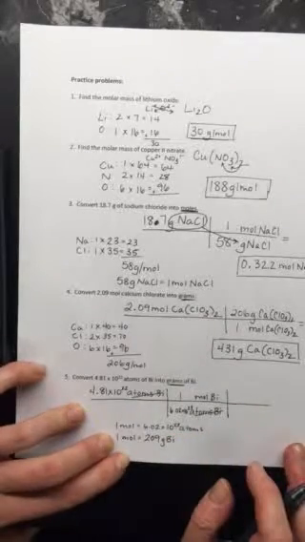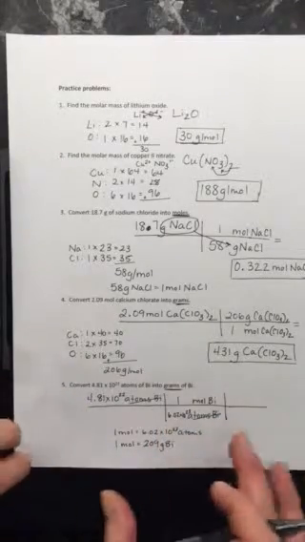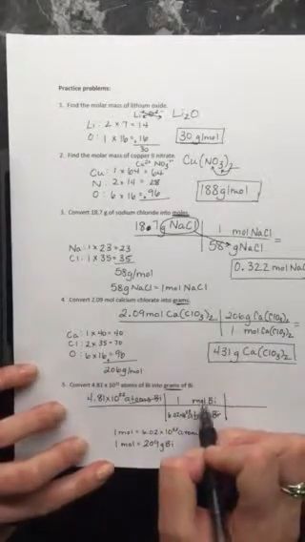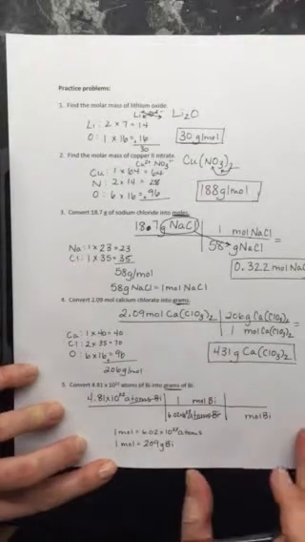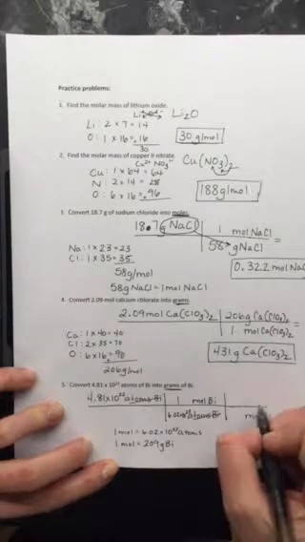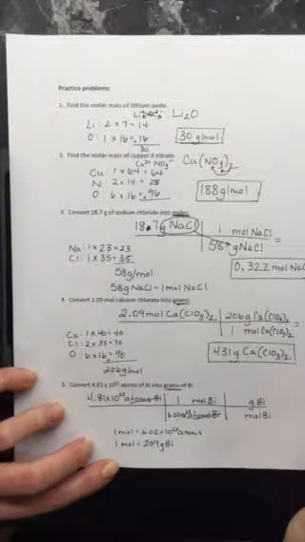Now we've got to get to grams, and you guys have done this before. You've gone from moles to grams. Now we're just adding a step at the beginning. So we're going to move moles of bismuth down the units. Okay, and the problem asks for grams of bismuth. So that's going to go in the top right hand corner.